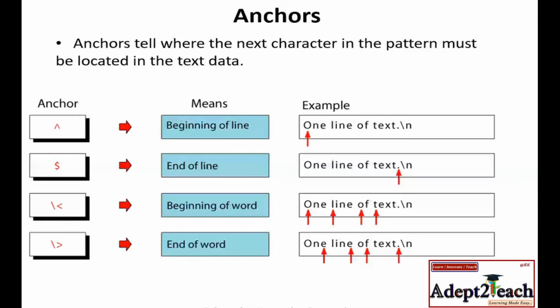If I want a character to be matched with respect to the end character of every word, so end character means let's say the first word is one, so the last character is E. Second word is line, the last character is again E. So now it will search for only the last character. It will match with the last character of every word. Then we'll use slash and a greater than symbol.